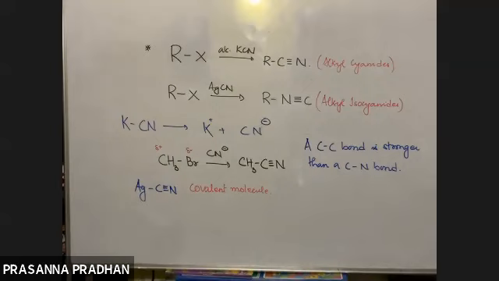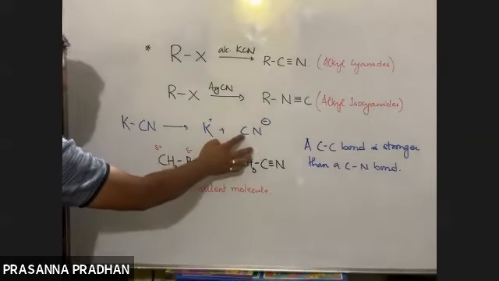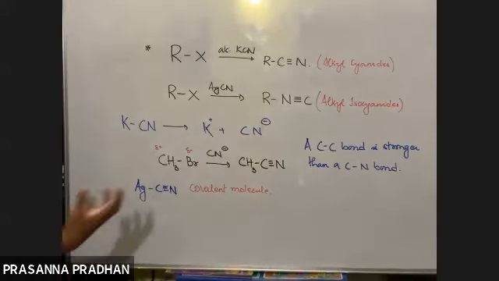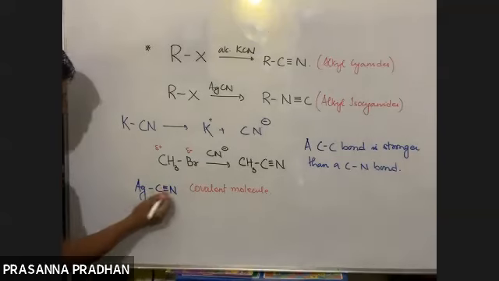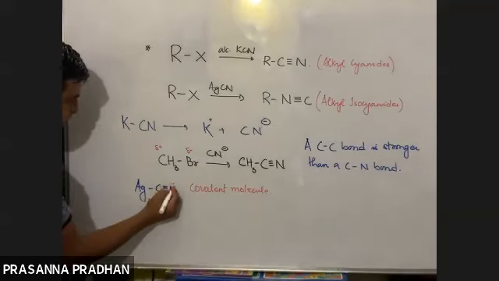Can it attack another carbon atom? It's a covalent molecule. It does not ionize like here, where both the carbon end and the nitrogen end were free because a CN negative ion was created. But here there is a covalent molecule. It does not ionize. So we see the carbon is bonded to silver and nitrogen, so it's not free at all. But yes, the nitrogen end is free.